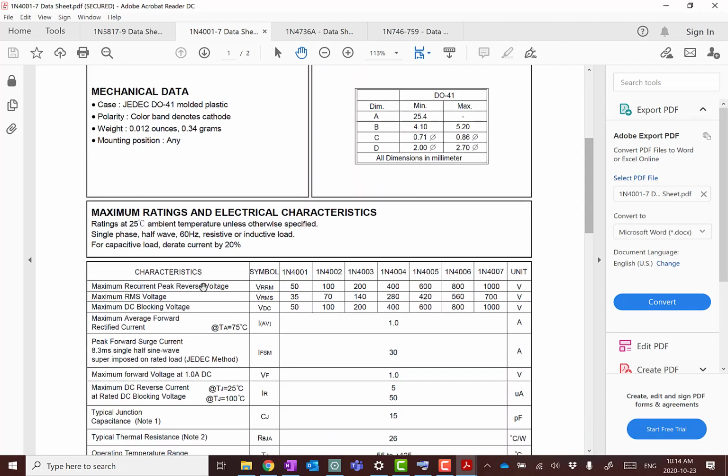Anyway, what we're interested in in this case is the reverse current, so maximum recurrent peak reverse voltage. And again, this is without breakdown, so we see the 1N4001 is 50 volts all the way up to 1000 volts for the 1N4007, and you note now that the primary difference between these different series of diodes is that reverse breakdown voltage.